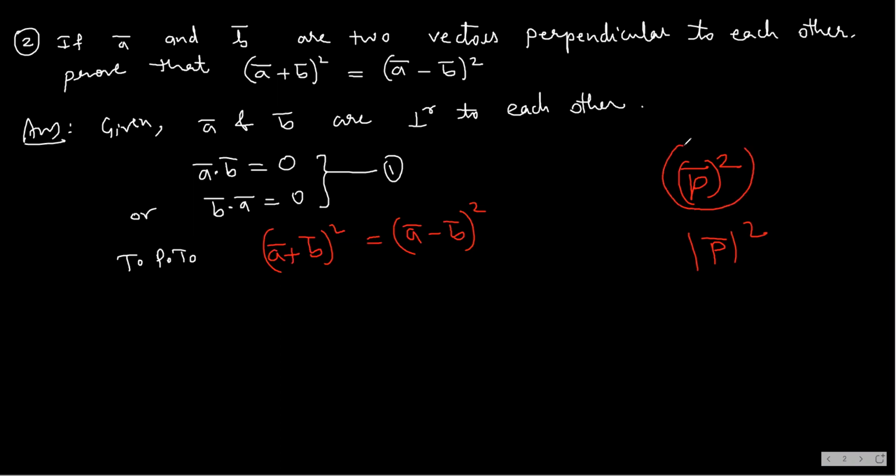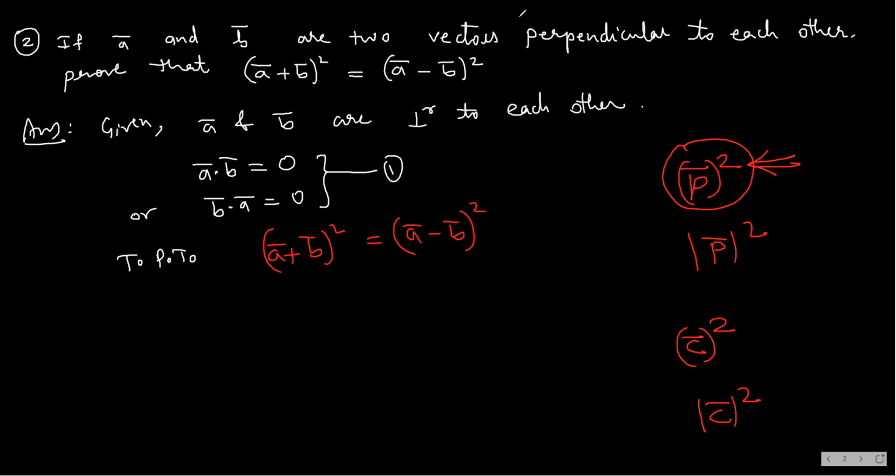I do not write mod here, but what I actually mean is mod of p bar square. If I'm given c bar square, that does not mean the vector c bar square. It means mod of c bar square. So that you should follow.